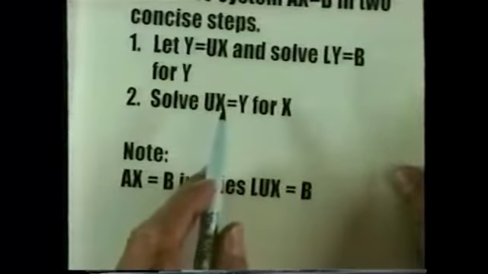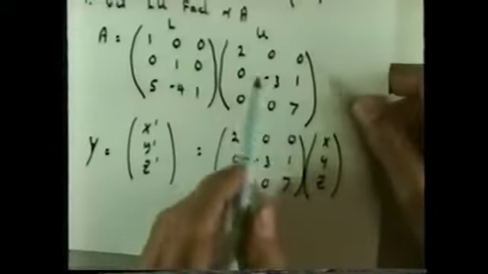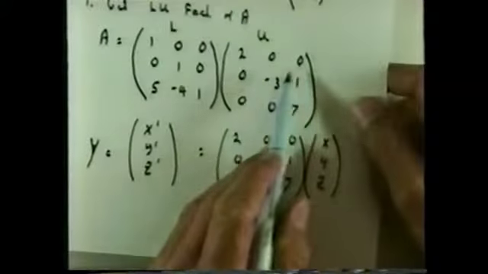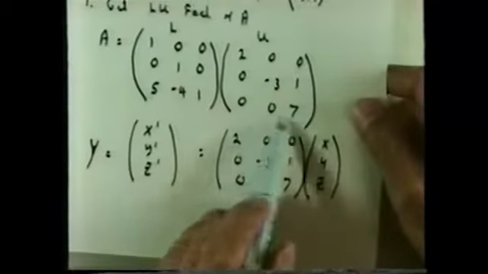Now, the next step says solve UX equals Y for X. So go back to my upper triangular matrix, 2, 0, 0, 0, negative 3, 1, 0, 0, 7.